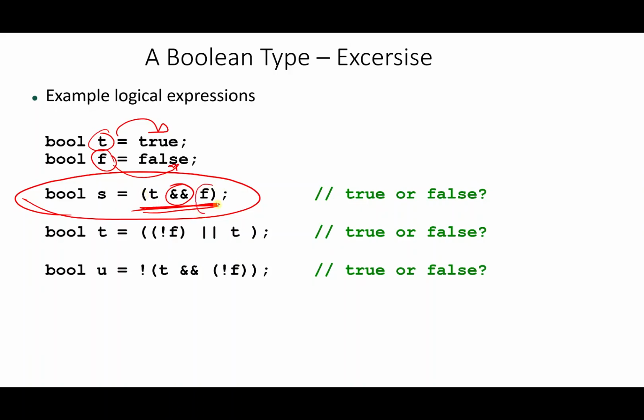So that should be false. Not f, that makes it true. True or true, that gives you true, right? Because if I said you have to choose between true and true, you have only two choices and both are true, so you choose true.